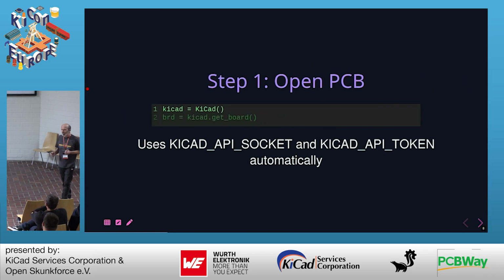So the first step is to establish the connection to KiCad. For that, it's a simple call to KiCad and you get a reference. Once you have a reference to KiCad, you must get access to a PCB in KiCad. One thing that I didn't mention is you must have KiCad open. If you don't have KiCad open, this will fail.